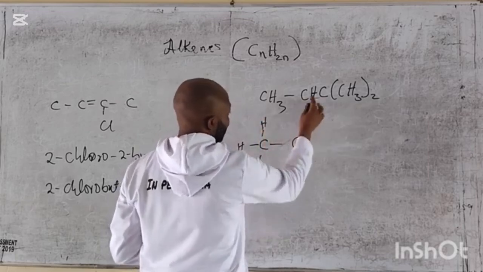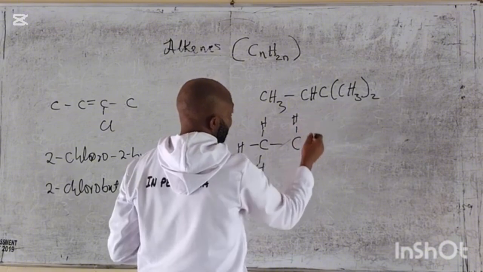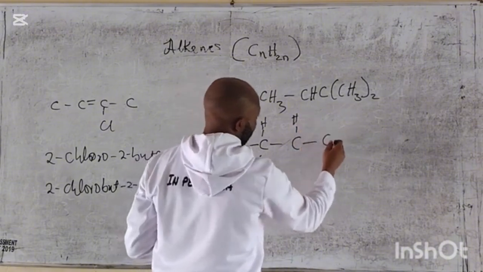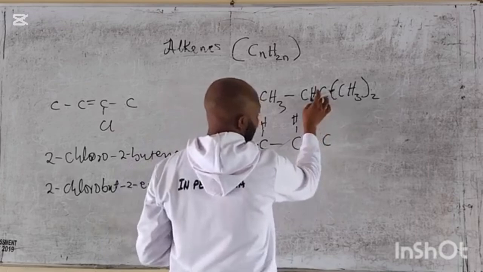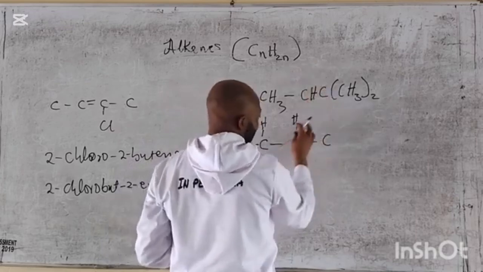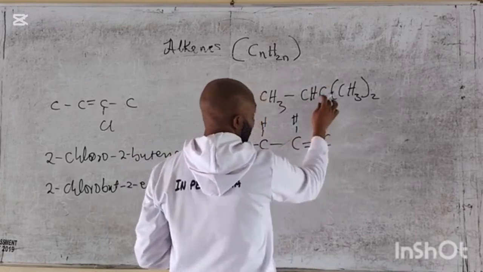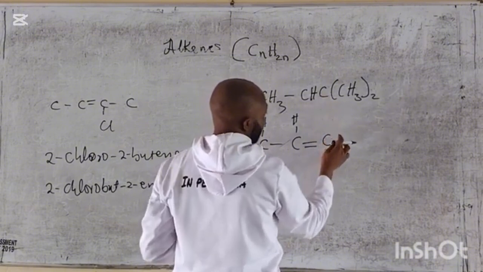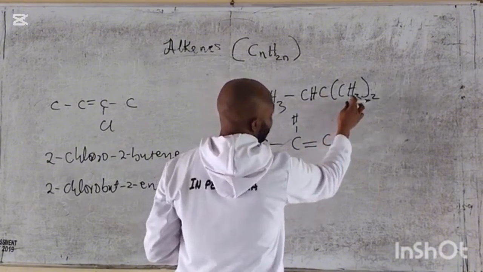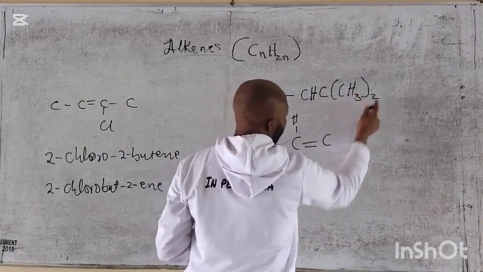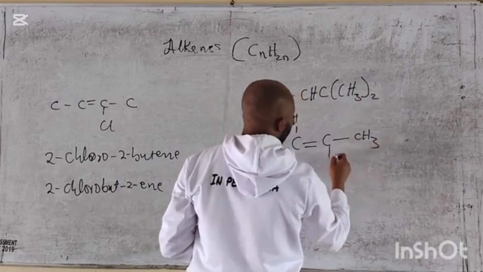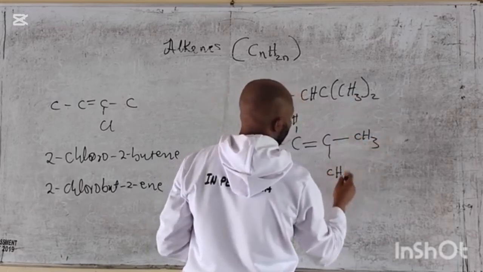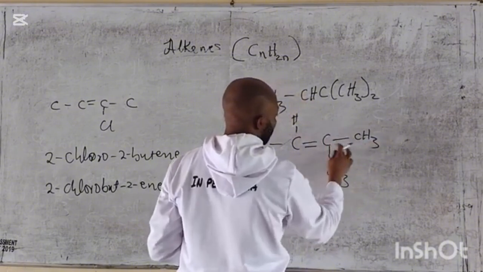Here is C, it has its hydrogen bonded to another C. Of course, we should know that it doesn't give us tetravalent, so it must be a double bond here. So from this carbon, we have CH3, 2 of them. So I have CH3, CH3, 1, 2, 3, 4. So we're good.